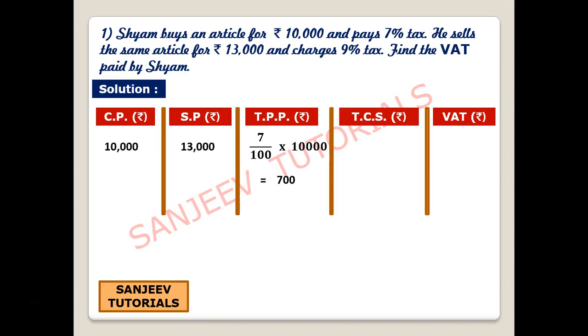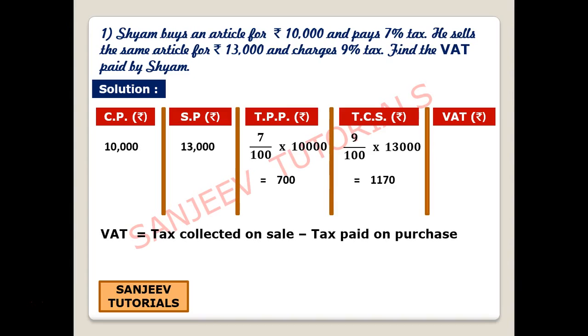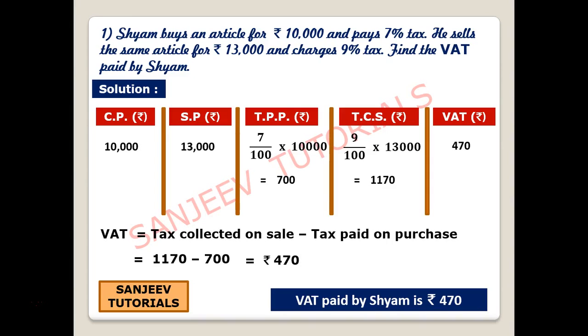So the tax collected on sale is 9% of 13,000, that gives me rupees 1170. VAT is defined as tax collected on sale minus tax paid on purchase. So it is 1170 minus 700, that is rupees 470. So the final answer for this sum is VAT paid by Shyam is rupees 470.